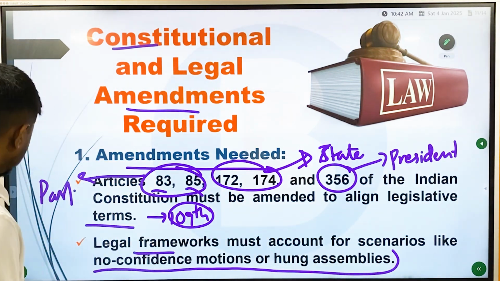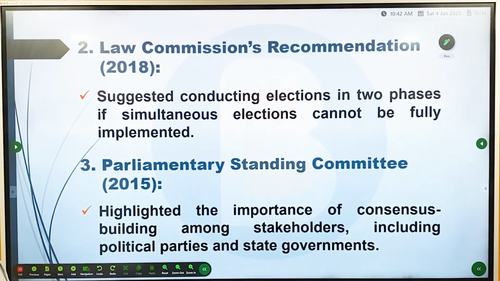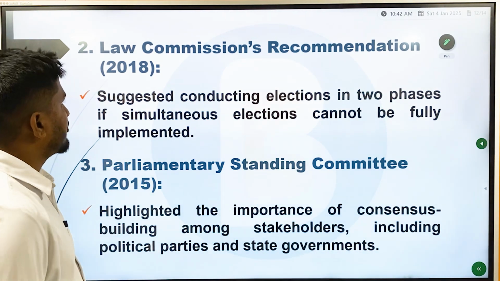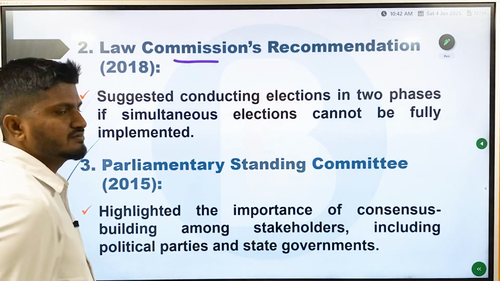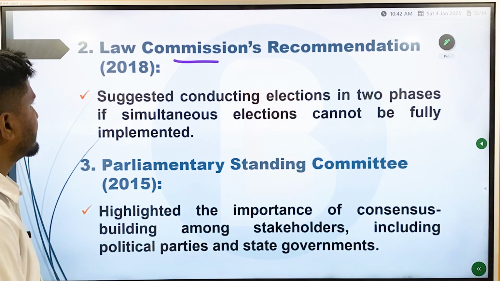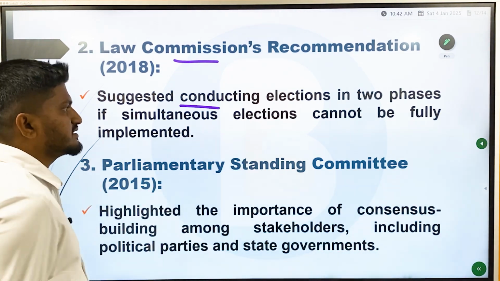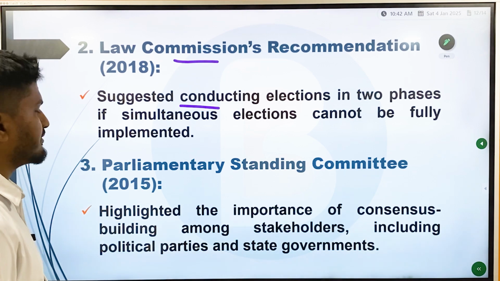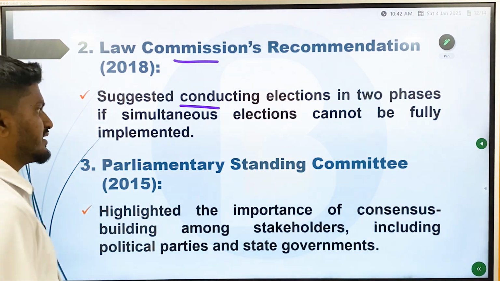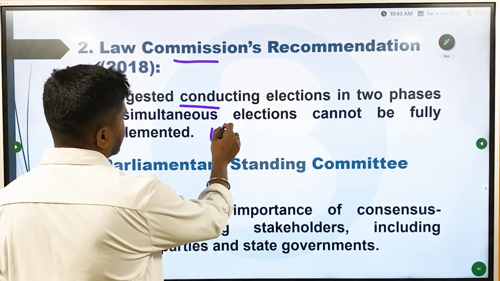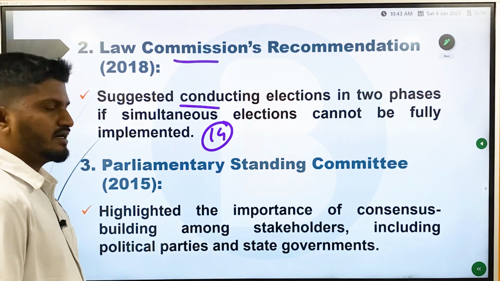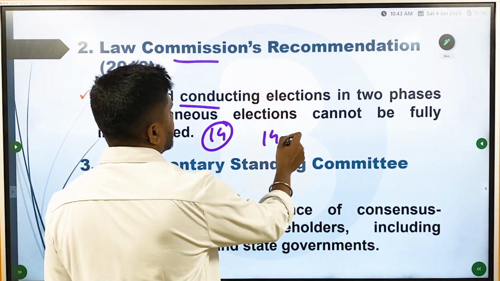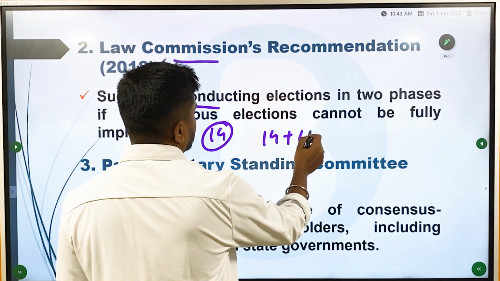And there have been Law Commission recommendations. What did the Law Commission recommend? It suggested conducting elections in 2 phases if simultaneous elections cannot be fully implemented. You can conduct simultaneous elections for 14 states together, and another 14 states plus Lok Sabha together.